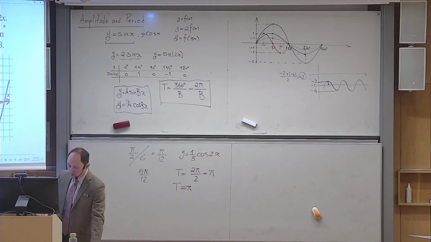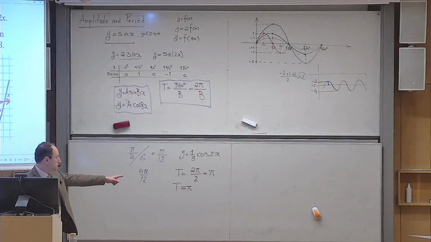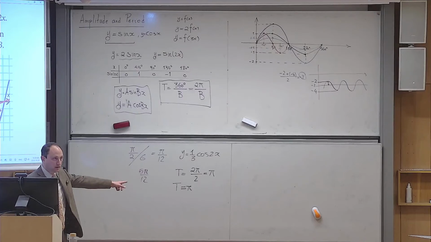So let us go back now to the picture. So from where to where is one period for the red curve? From here, yes, to here, yes? From this point to that point is one period for the red curve. Yes, understandable? Okay. This length from here to here is supposed to be equal to what we found, which is pi. Yes?